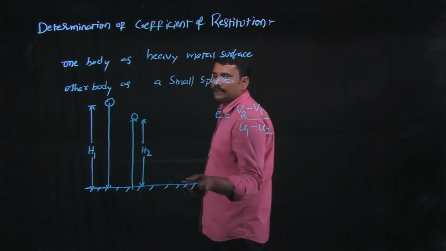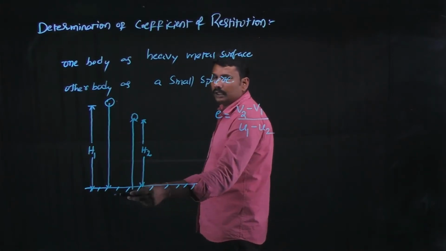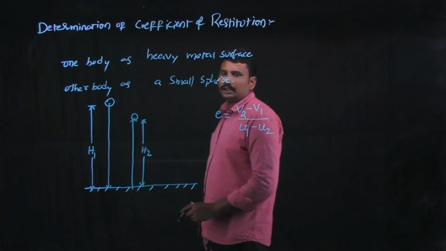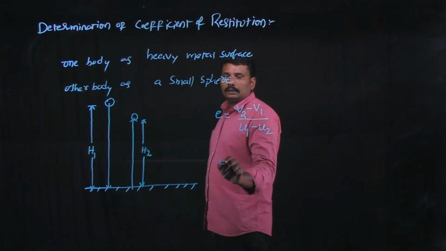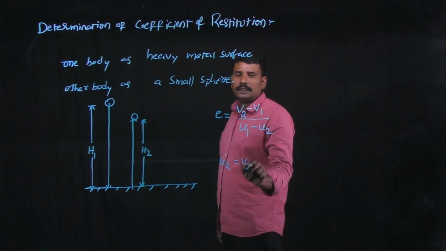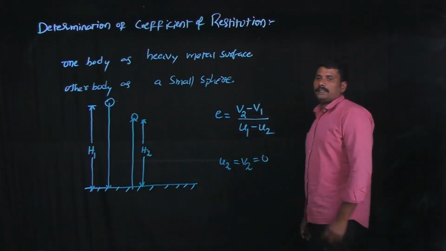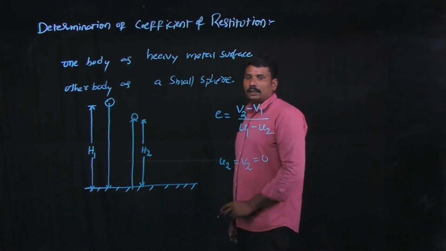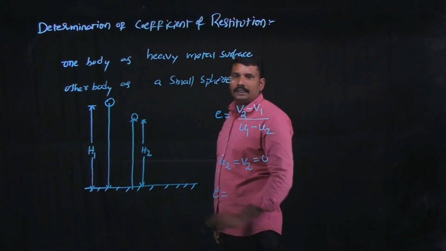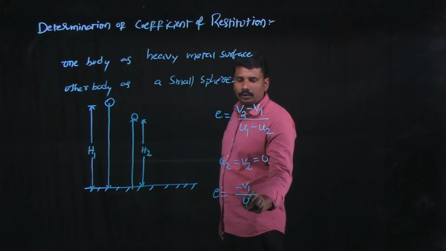The metal surface has no velocity before collision and does not get any velocity after collision. That's why u2 equals v2 equals 0. By substituting these two values in the formula, e equals minus v1 by u1.